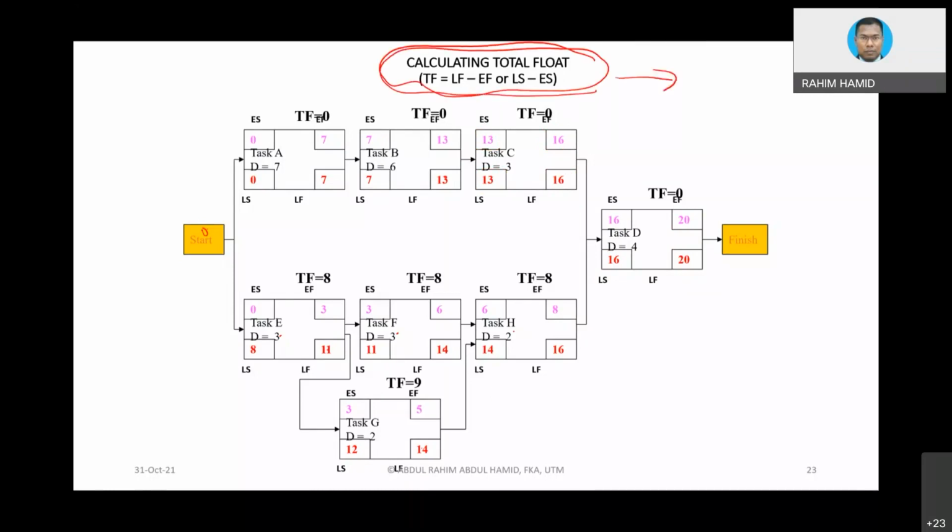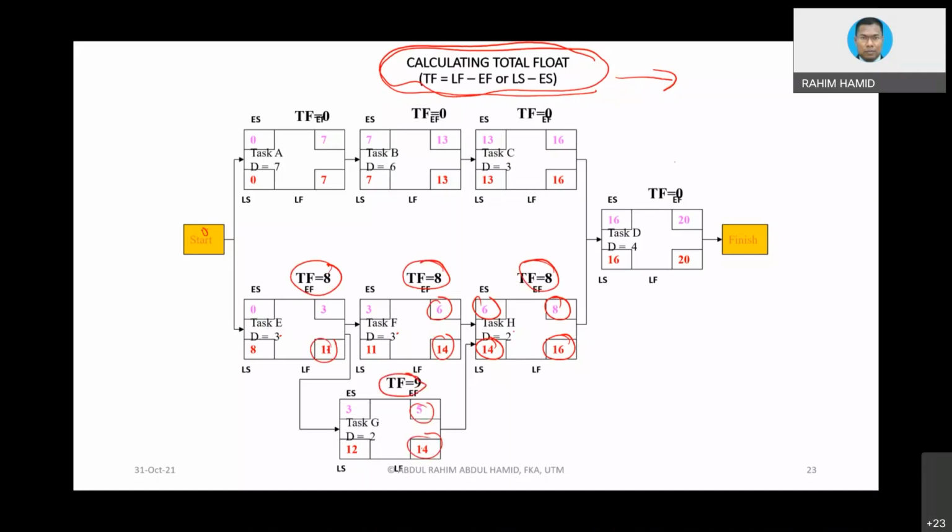Let's say for H, you can take this 16 minus 8 or 14 minus 6, either one, which is equivalent to 8. Okay, 14 minus this one minus this one is equivalent to 8. 11 minus 3 equivalent to 8. For G, 14 minus 5 equivalent to 9.